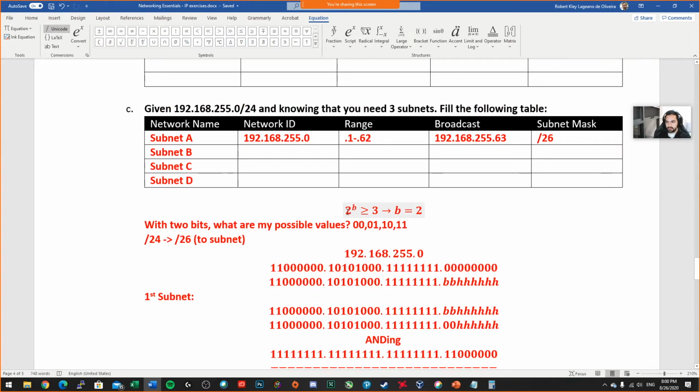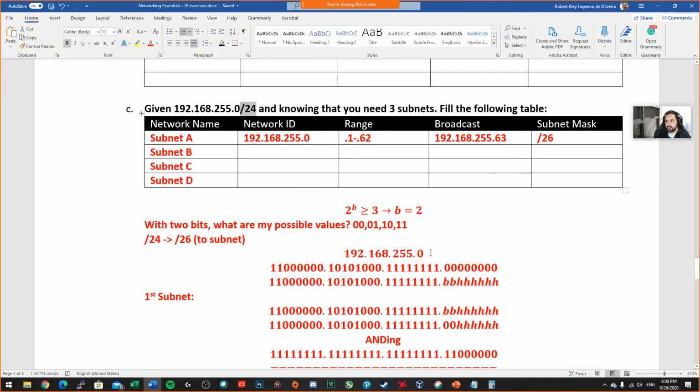Yes, absolutely. So we needed 3 subnets, correct? So we need to borrow bits to create the subnets. We originally have a /24. So we need to find out how many bits we need to borrow in order to have 3 subnets.